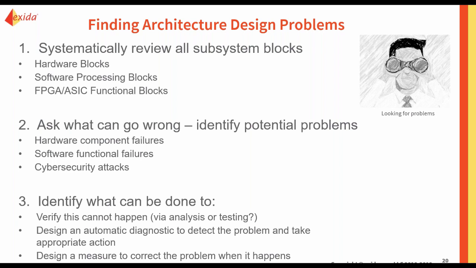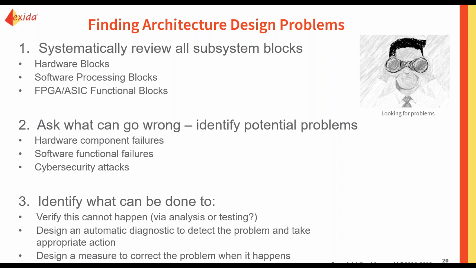For every block, we identify what can go wrong. Hardware components can fail. Software can have what they call defects, otherwise known as bugs. In other words, it just doesn't do what it's supposed to do all the time. And of course, things can go wrong when we have cybersecurity attacks.